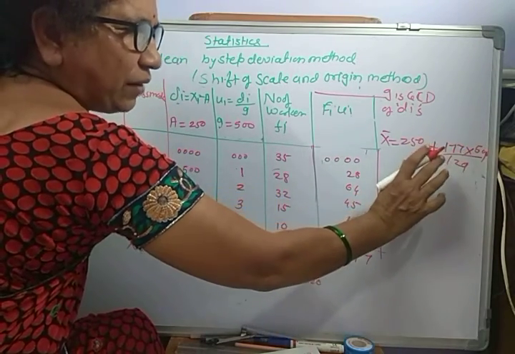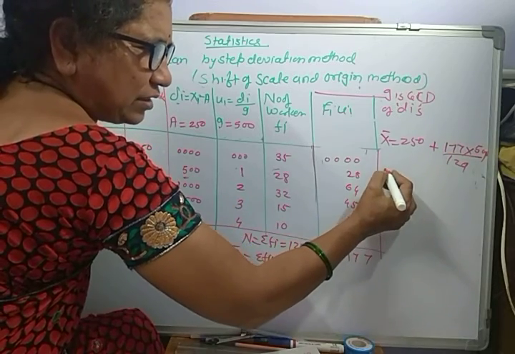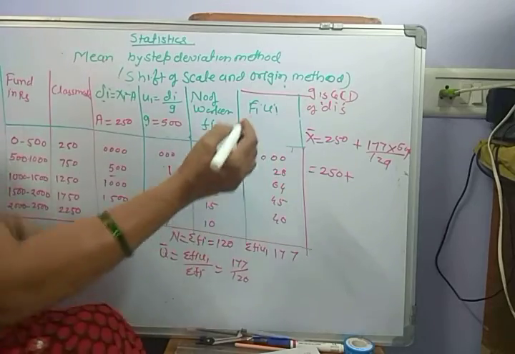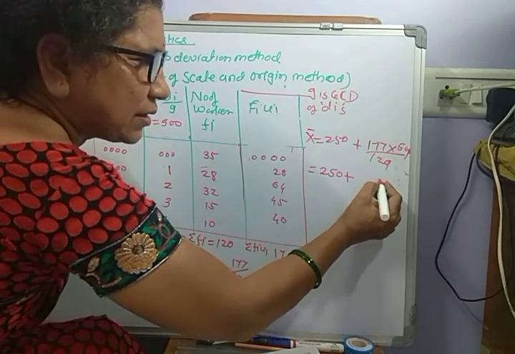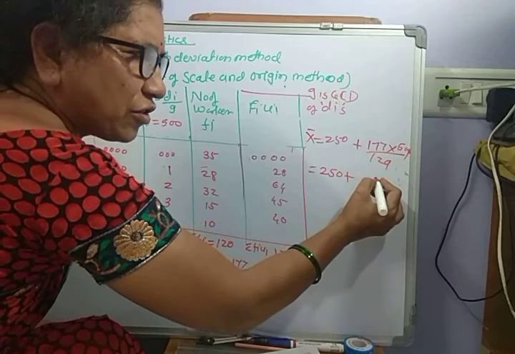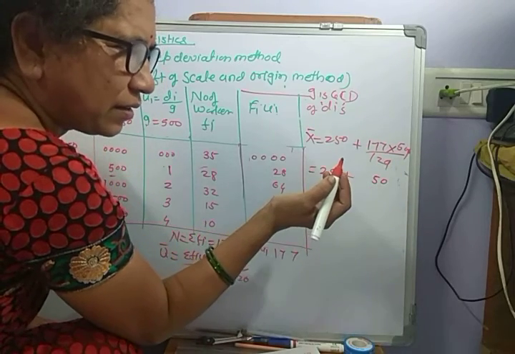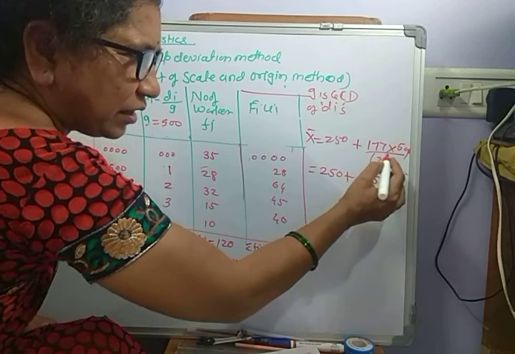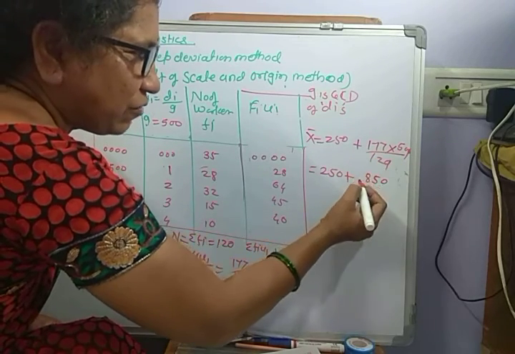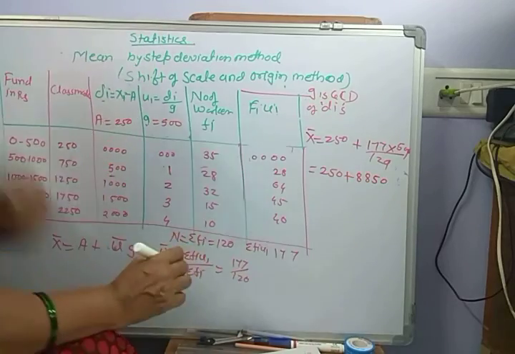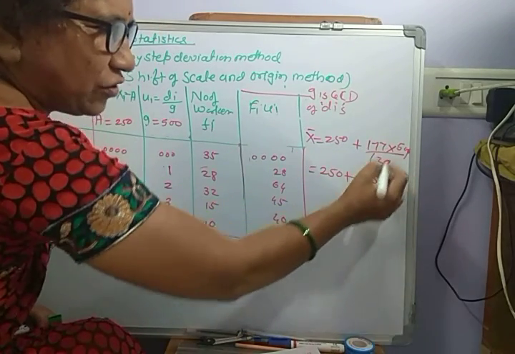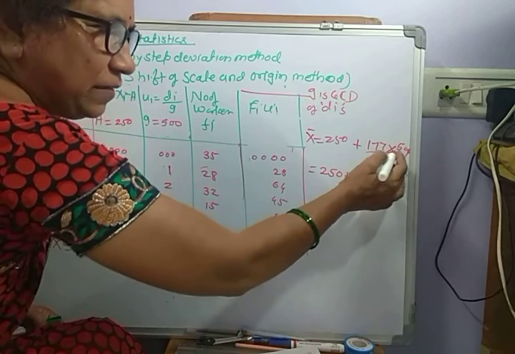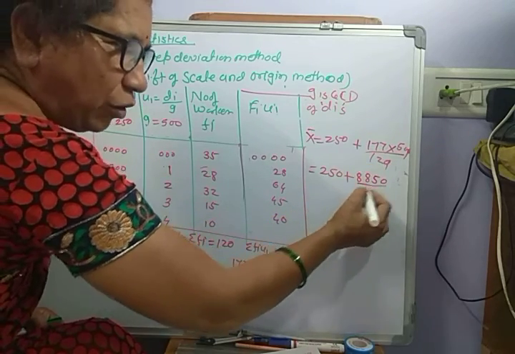Instead of dividing, first write it as 250 plus, here multiply by 5. 5 times 7 is 35, carry 3; 5 times 7 is 35 plus 3, 38, carry 3; 5 times 1 is 5 plus 3, 8. So 885 upon 12.